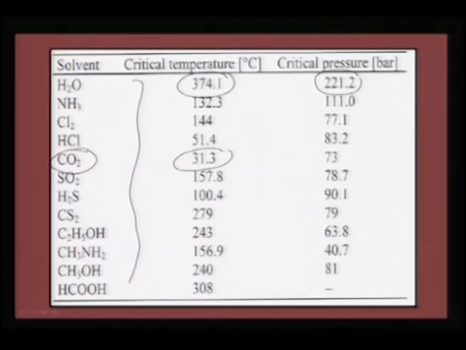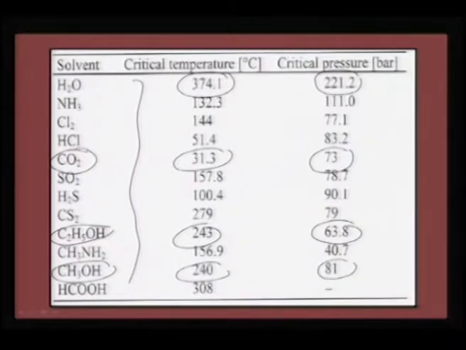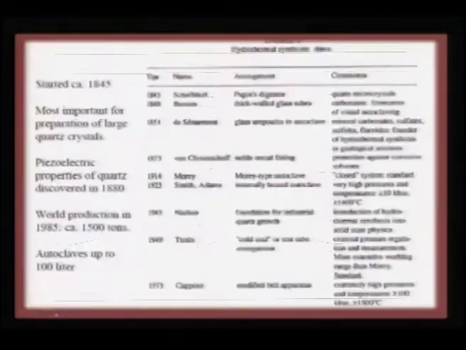So, even very close to room temperature you should be able to get supercritical carbon dioxide with very high pressure, that is 73 bars, and again you can see some examples of ethanol and methanol. They have a critical temperature of 243 and 240, and here again you can go for very high pressures, and in this whole thing you would see for achieving high pressures water is a very critical component or solvent.